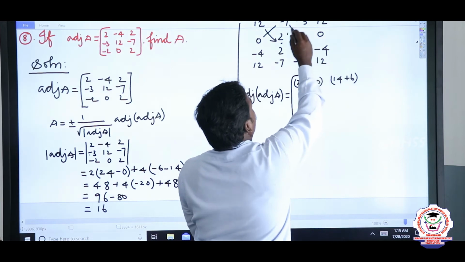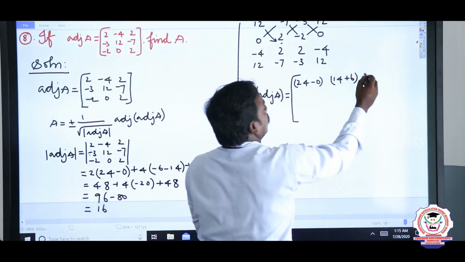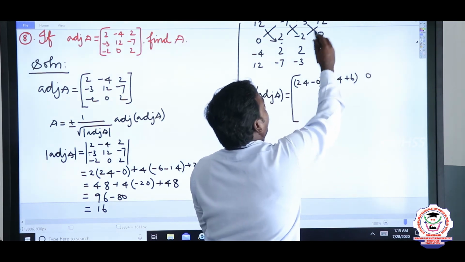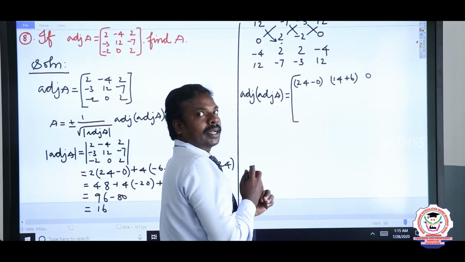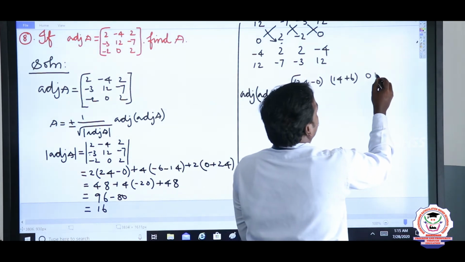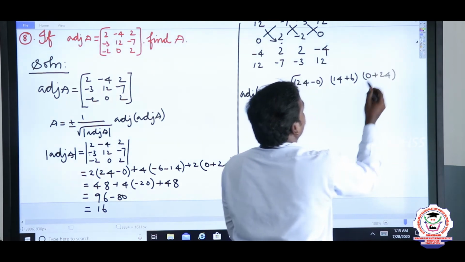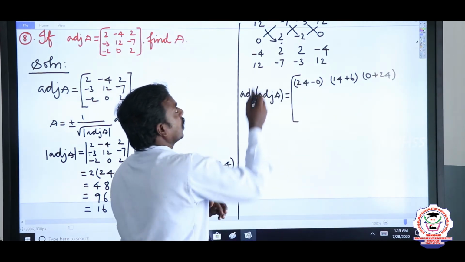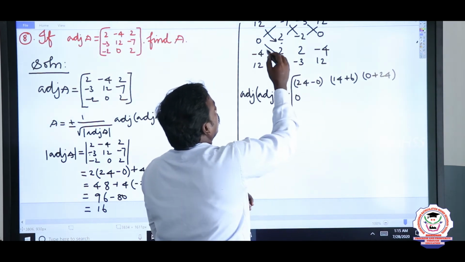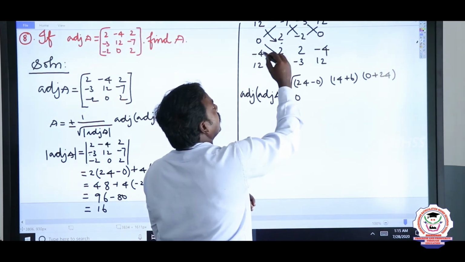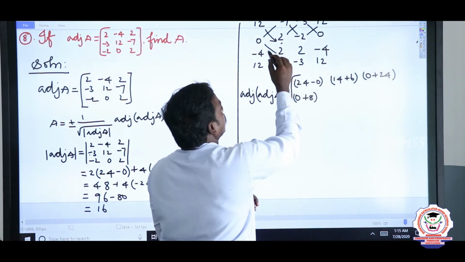So first row third column, listen to yes, minus 3 into 0 0 and minus 2 into 12 minus 24, 1 minus should come, so minus minus plus 24, plus 24, first row over. So second row 0 into 2 0, so minus into minus plus 8, plus 8, this is plus 8, listen.